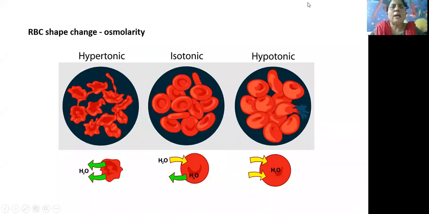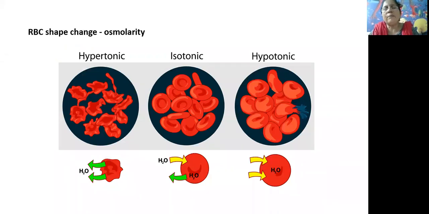And another point you have to know before going into hereditary spherocytosis is osmolarity. That is a selective permeability, a semi-permeable membrane. So this is isotonic. All of you know what is the isotonic solution for blood? One of you can tell me?